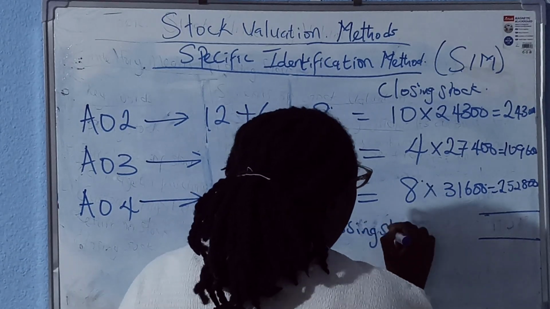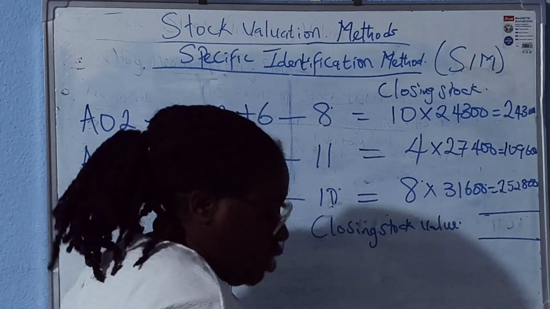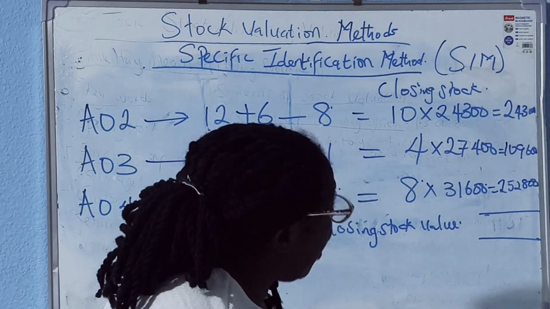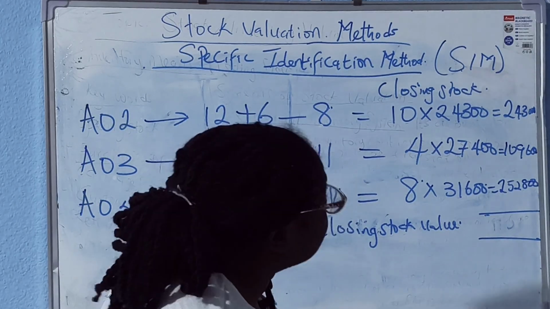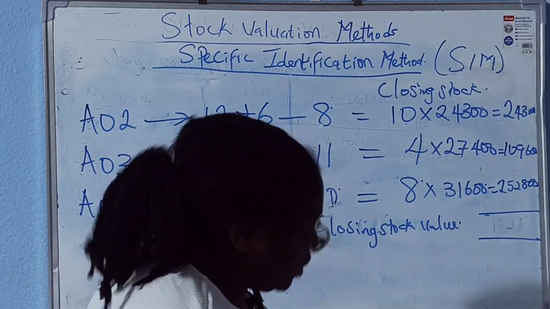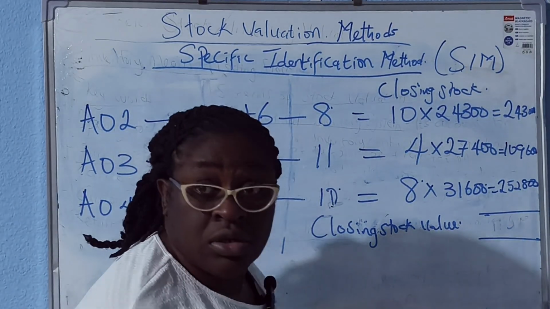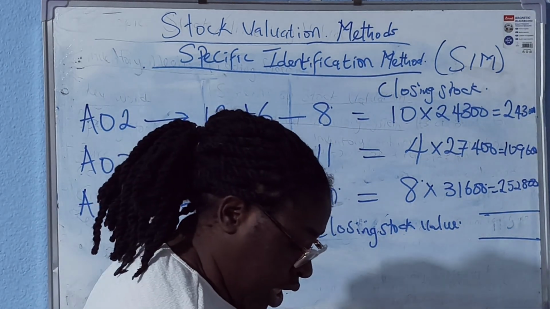So the total closing stock value for the 3 models, we're going to say 243,000 plus 109,600, and then plus 252,800.